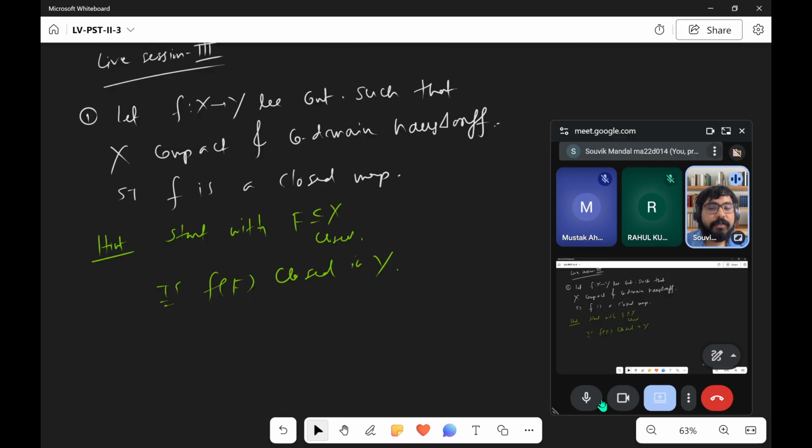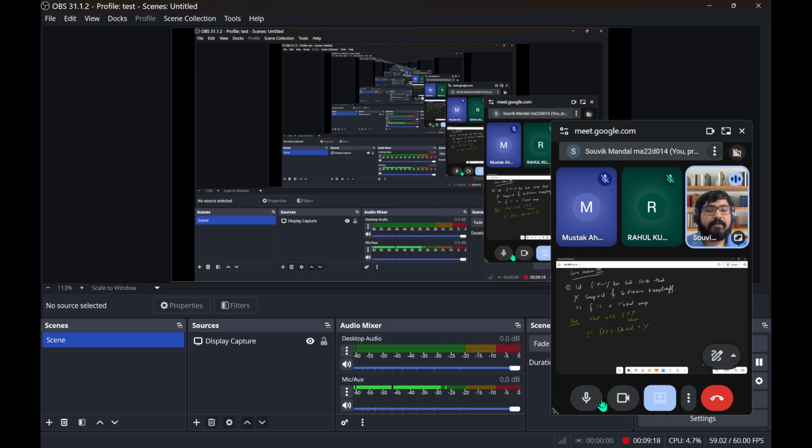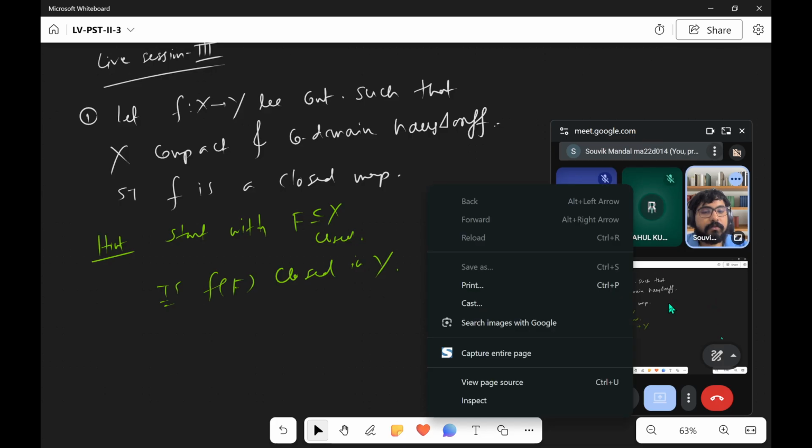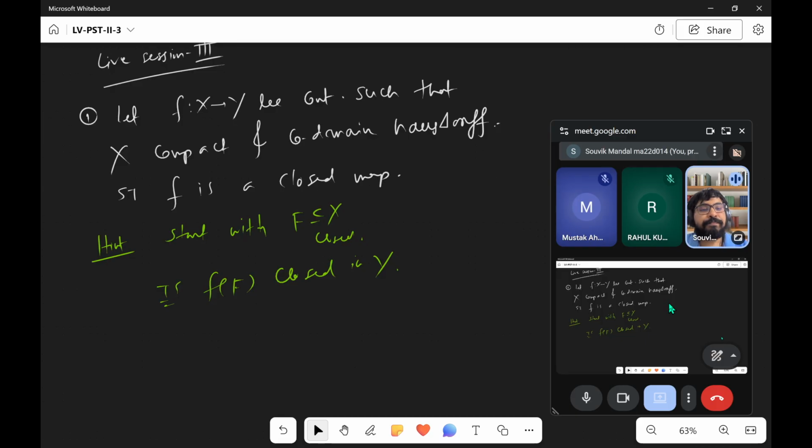Rahul or Mustaq, anybody able to figure out how to attack this problem? Basically, for this problem, you have to use the properties of compactness, properties of closed sets inside a compact space. Those small useful properties you have to use. So please try to do it. Anybody?